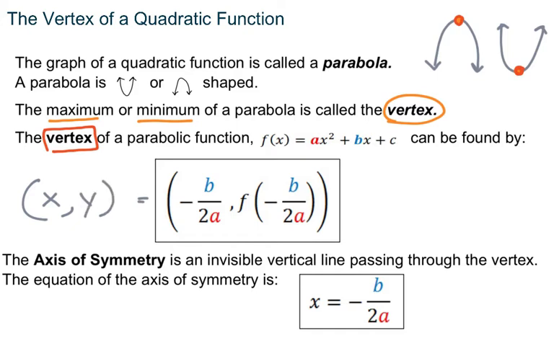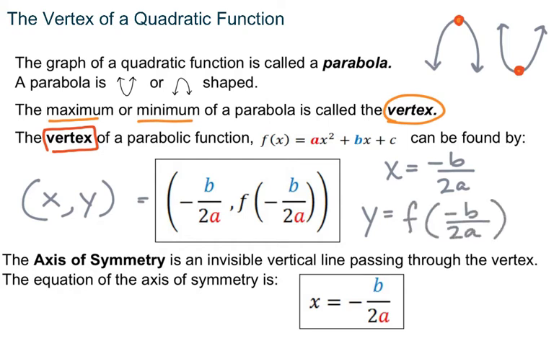We calculate the x value: x is negative b over 2a. Whatever we get for that x value, we then plug into the function. So my y is the function evaluated at negative b over 2a.